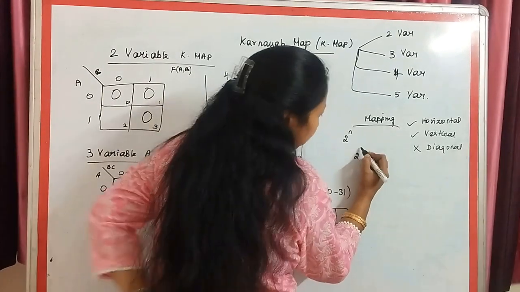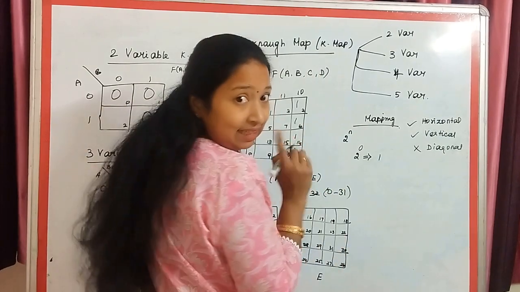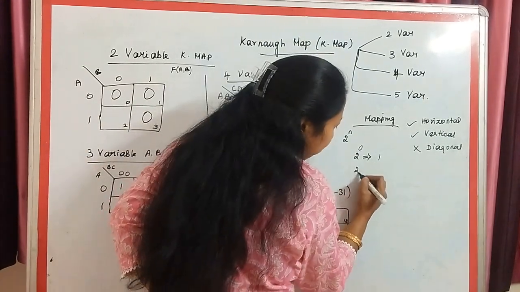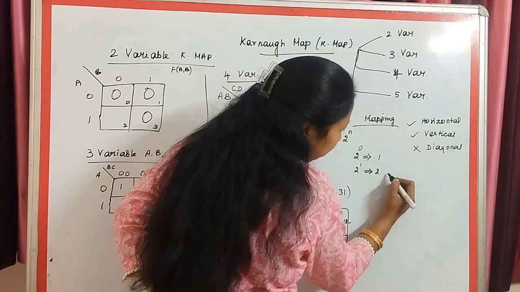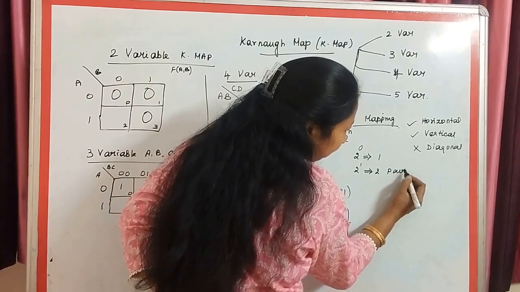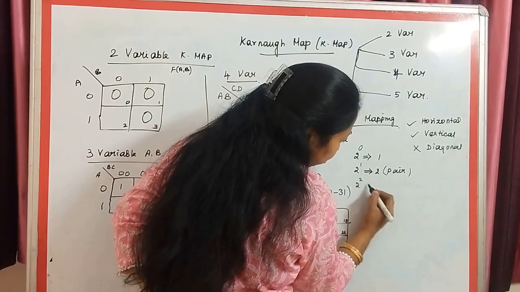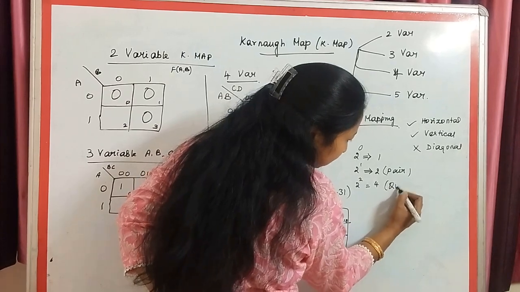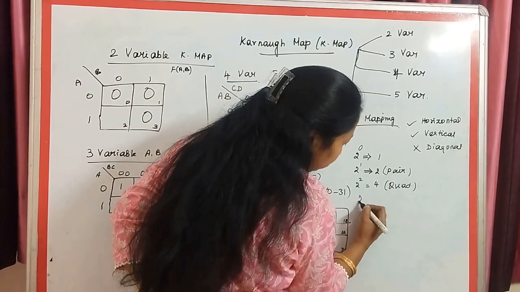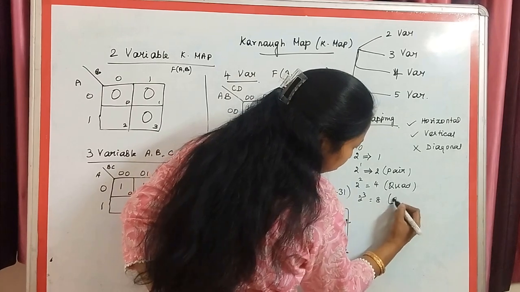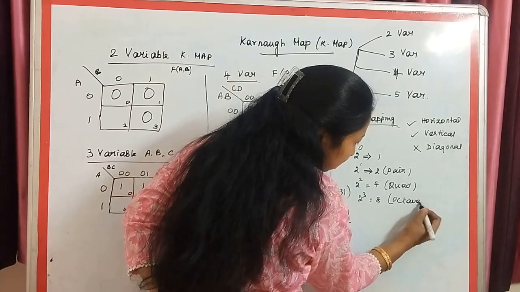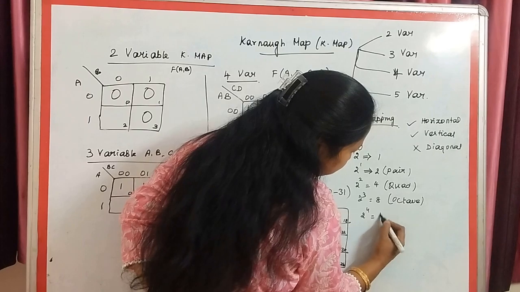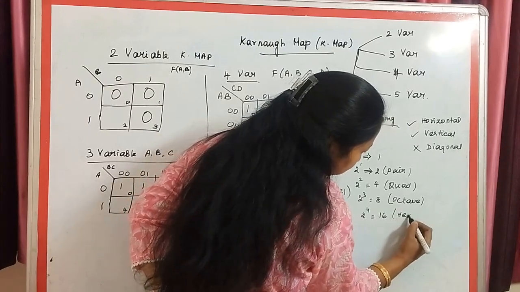A single number can be mapped, or 2 power 1, that is a pair. 2 power 1, it is 2. A pairing can be done, 2 power 2, it is 4. That is a quad number can be mapped, or 2 power 3, it is 8, which is an octave. The octave grouping can be done, or 2 power 4, which is 16, the hexadecimal.